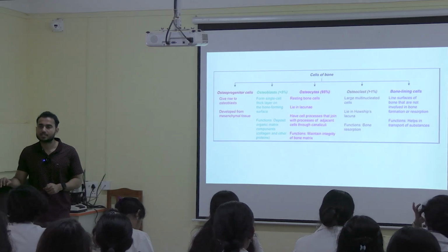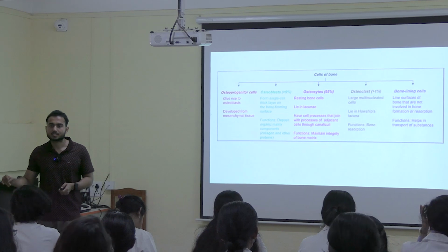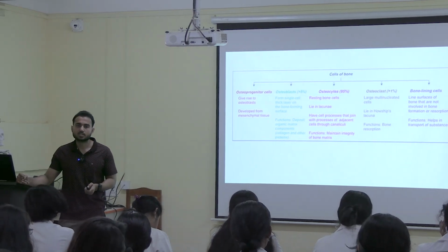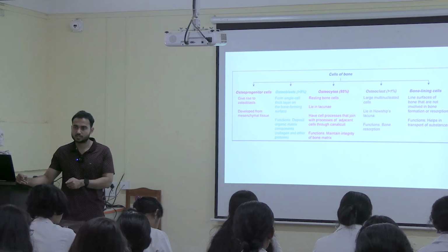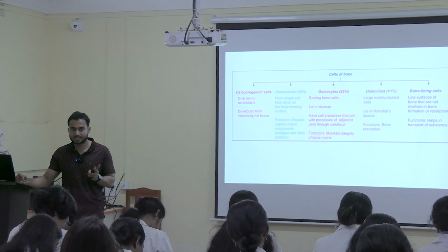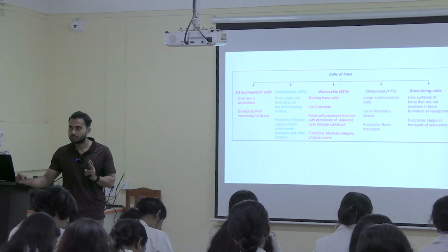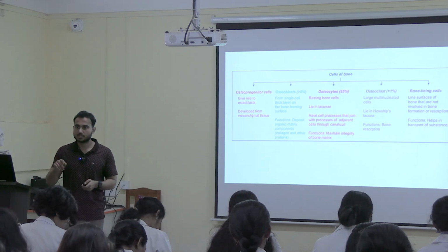The examples of the enzymes secreted by these bone cells are MMPs, matrix metalloproteinases, and acid phosphatase. These are the two important enzymes. I hope you know, you are studying biochemistry.